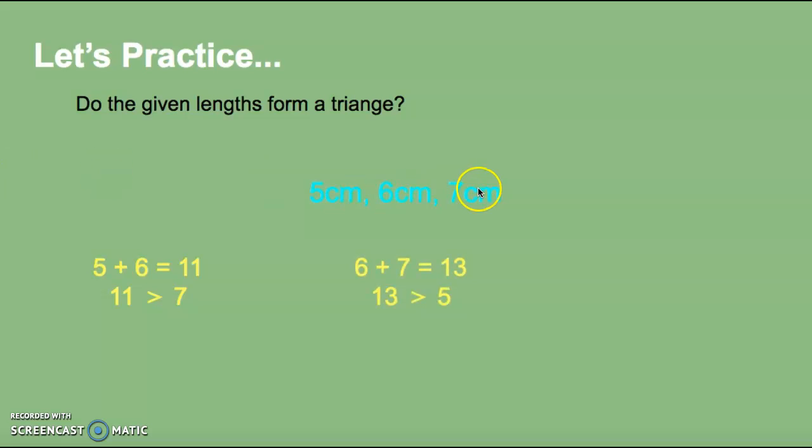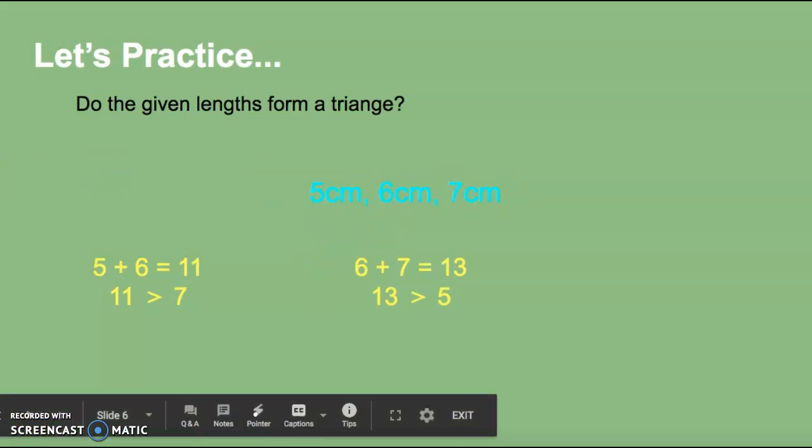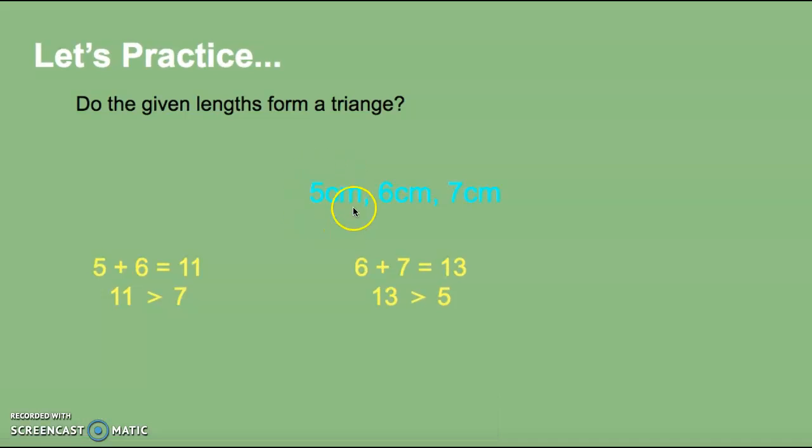Next, we grab the second two. 6 plus 7 is 13, and 13 is greater than the value of 5. Then we grab the last value and the first value to try that combination. 7 plus 5 equals 12, and 12 is greater than 6. Therefore, this triangle can be formed. Don't forget, you must have all possible combinations be greater than the third side in order for it to be a triangle.